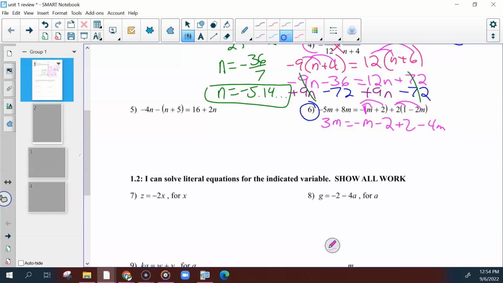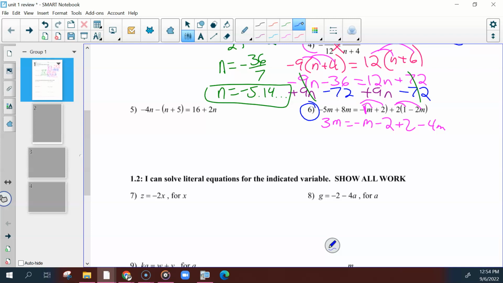Combine your like terms on this side. Remember, when you're combining like terms, it's whatever it says, not the opposite.